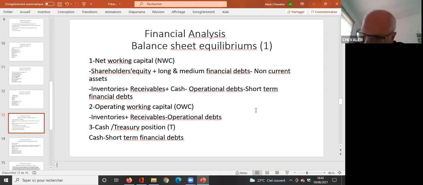You go to the cashier and you pay either with cash or credit card. But that means they don't make credit. They are paid cash. So receivables is very close to zero. You can look at specific cases, but in general, it's very close to zero.